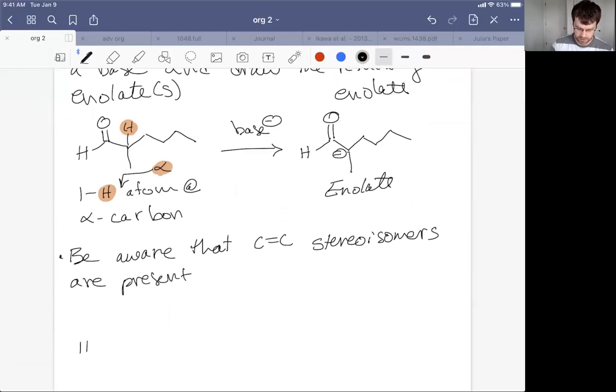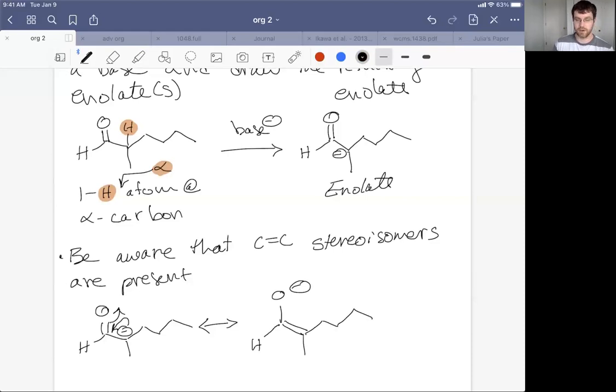Let's consider a resonance structure of that. The negative charge comes down. And if I do, you'll notice I have the opportunity for E and Z alkenes. That's a Z.